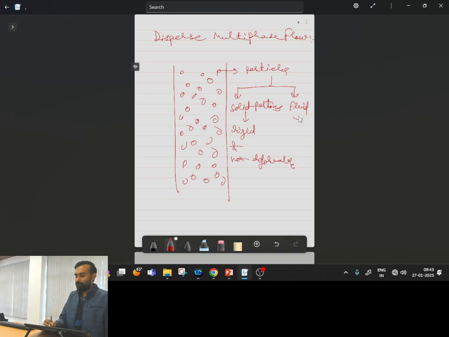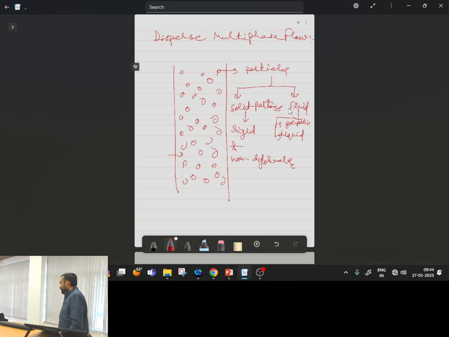And fluid particles can again be of two types. If my continuous phase is liquid, then these will be gas bubbles. So these particles will then be gas particles. And if the continuous phase is gas, then these will be my liquid particles. Okay. And typically the fluid particles will not be rigid and these will be of deformable nature.